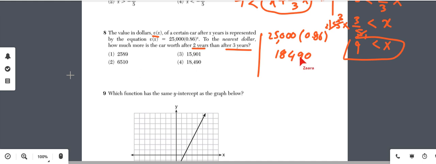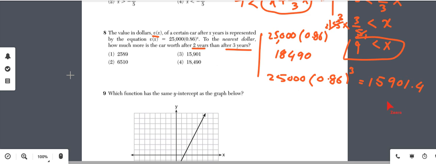Now I am calculating for 3 years, so similarly, I will just replace 2 with 3. When I did that, I calculated that it is 15901.4.